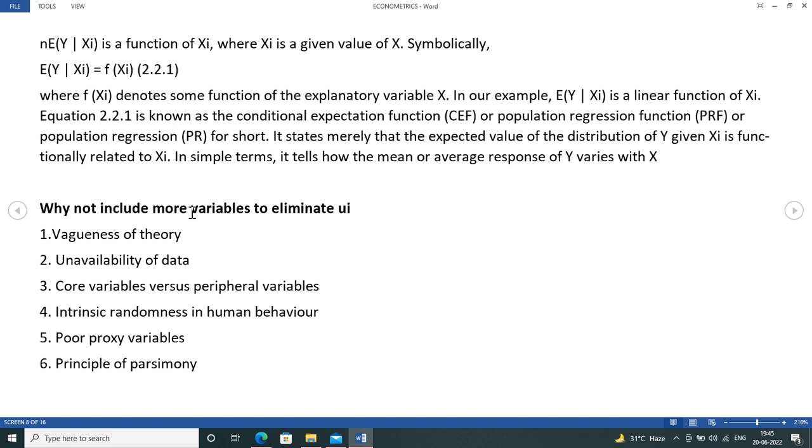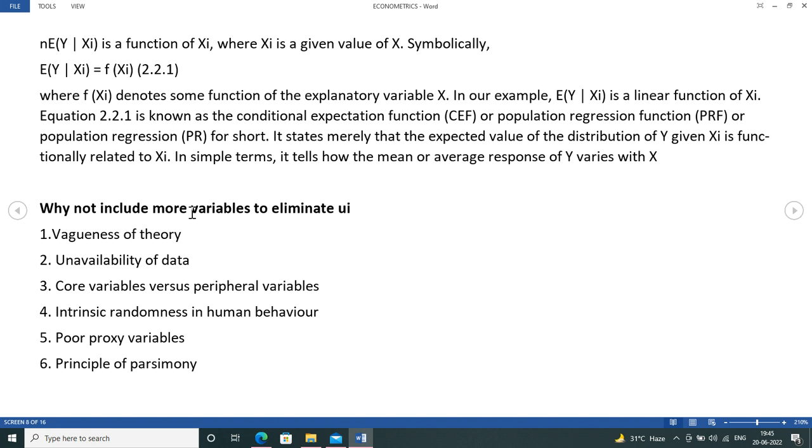If income can explain 80% of the fluctuations in consumption, then why consider the other variables which represent just 20%? And there is also intrinsic randomness in human behavior.